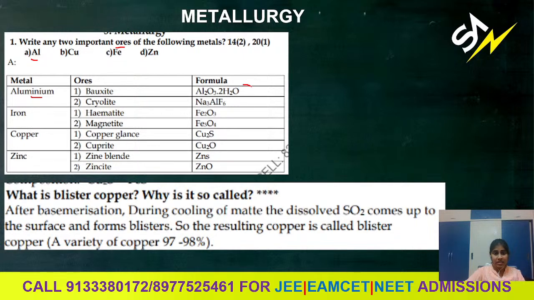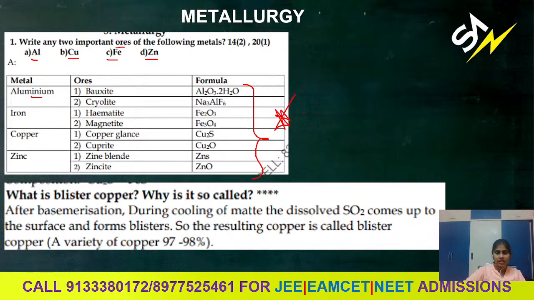Just remember the formulas of these ores, they are very useful. Remember this, because there is no application part, it just depends on your memory. You need to practice a lot so that you can remember these formulas.